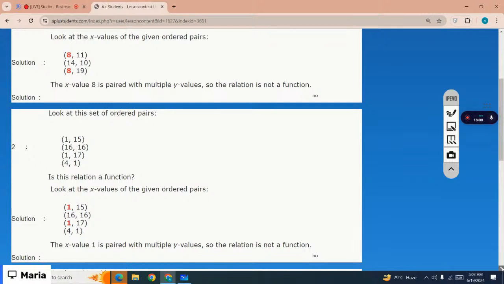The correct option is no. Again, one is paired with two different y values, right? So one value cannot be paired with two different values, right? So the relation is not a function.